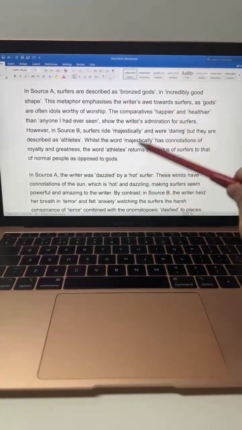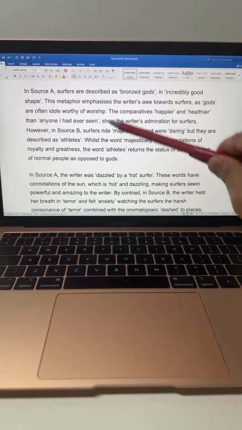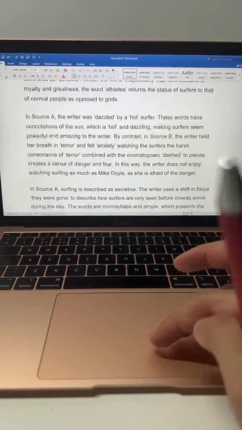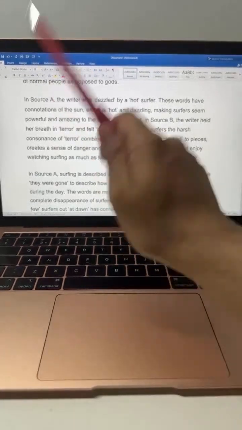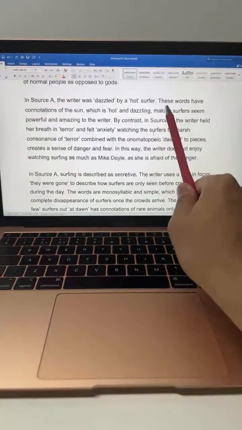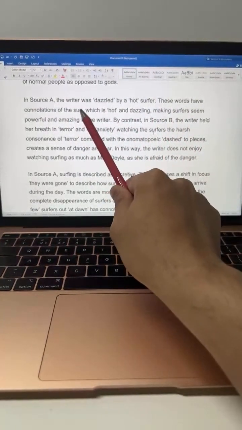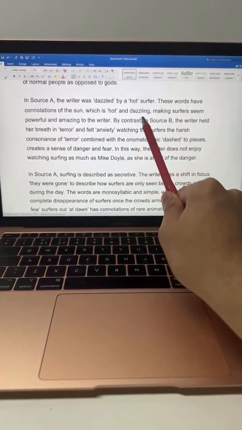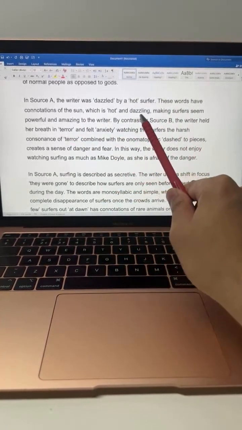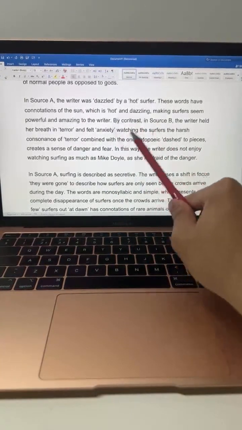So you still need to analyze the language and structure and help show what the writer is addressing here, so their feelings, their attitudes. Continuing with the paragraph: in Source A, the writer was dazzled by hot surfers. These words have connotations of the sun, which is hot and dazzling, making surfers seem powerful and amazing to the writer. By contrast, make sure you use words like this.